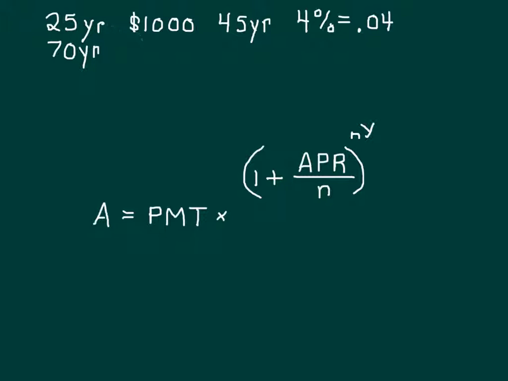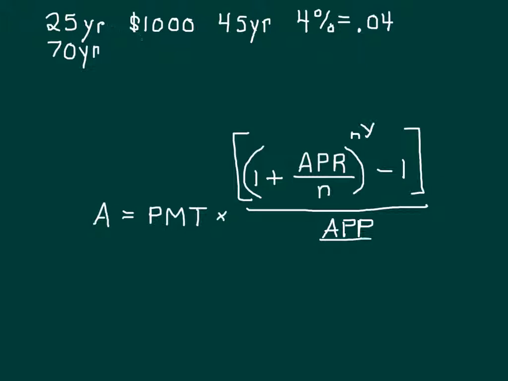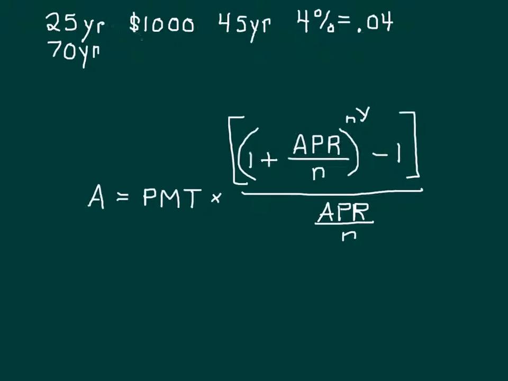And from this we subtract 1, and this is the numerator of a ratio, and in the denominator we have our interest rate, APR, divided by the number of payments per year. So let's take this and move this up.